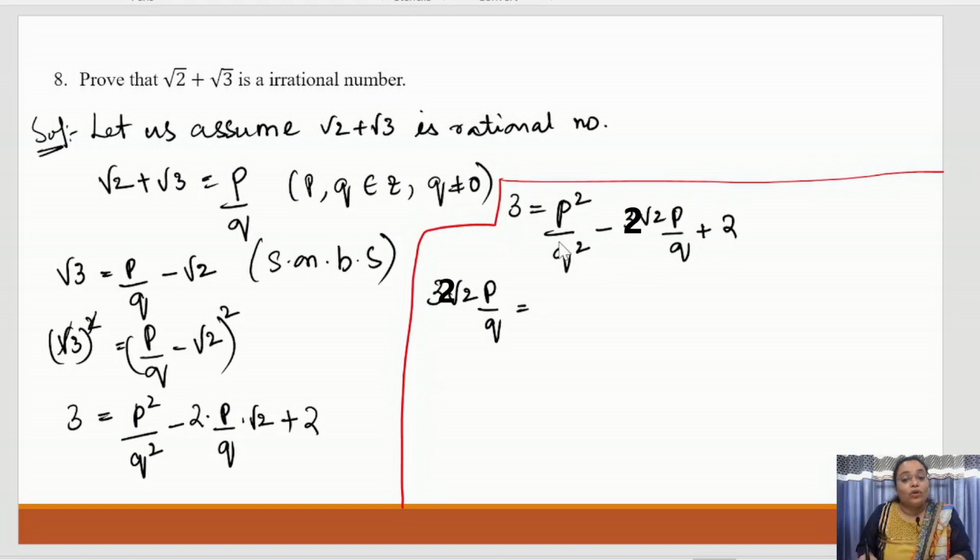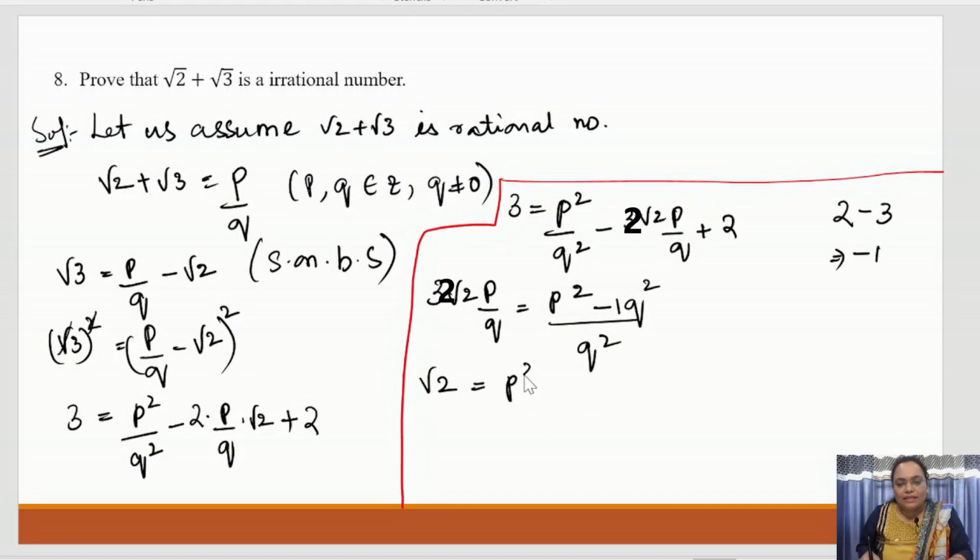And also let us take a LCM here. You will get P square. LCM is Q square. So this will be 2 minus 3, you will get to RHS, you will have minus 1. Okay, this is minus 1 Q square. Let us keep root 2 in LHS. Let us send 3P by Q to RHS.